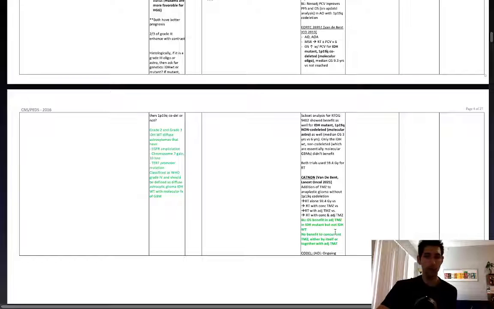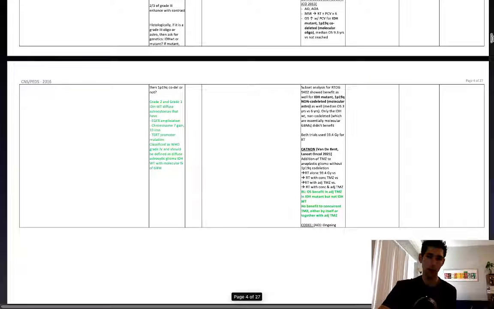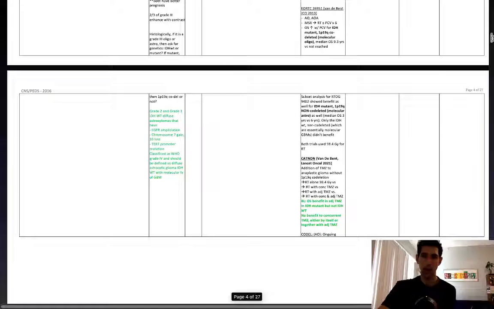Bottom line, overall survival benefit for adjuvant Temodar in IDH mutant, but not IDH wild type. No benefit to concurrent Temodar, either by itself or together with adjuvant Temodar. The CODEL trial, again, is ongoing, which is comparing PCV and Temodar. But the CATNON trial, again, is looking at the addition of Temodar to anaplastic gliomas without that 1p19q co-deletion.